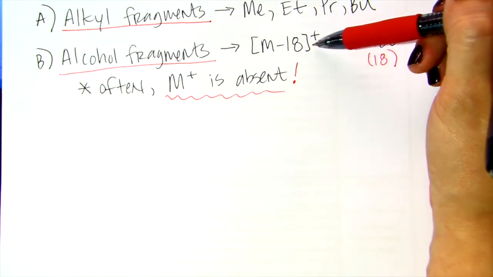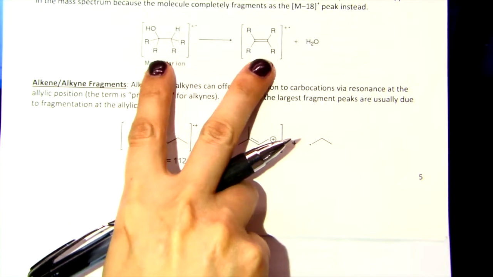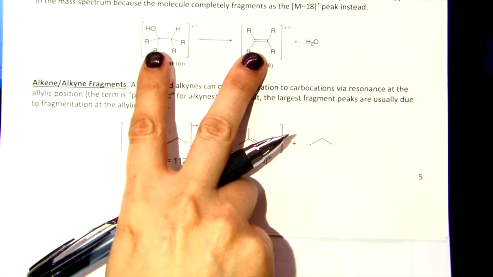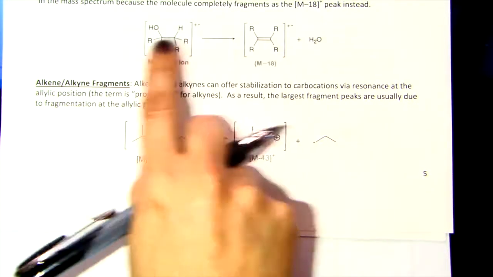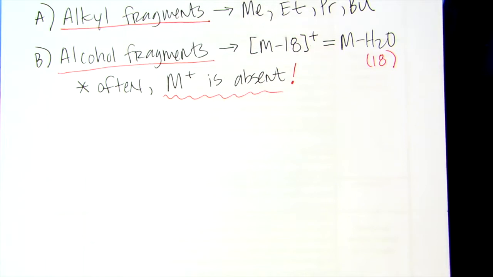Sometimes that's confusing because it's hard to differentiate. If I wanted to differentiate between this alcohol and this alkene using mass spec, that would be very difficult, because for this one I'd probably see the M plus peak, and this one is going to fragment and turn into that. So sometimes alcohols are difficult to figure out by mass spec because of that issue. But again, we have other tools for that. We have IR and NMR that help us figure that out.